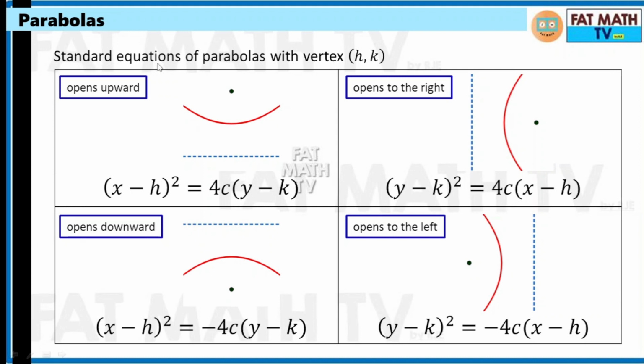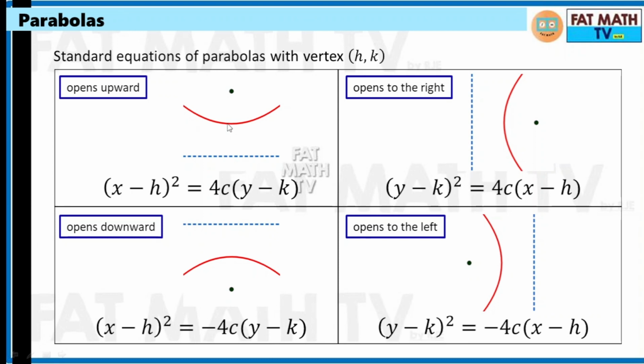Standard equations of parabolas with vertex at (h, k). From the defining characteristic of the parabola, we can derive the following standard equations. If the parabola opens upward, then its equation is (x minus h) squared equals 4c times (y minus k), where (h, k) is the vertex and c is the distance between the focus and the vertex.